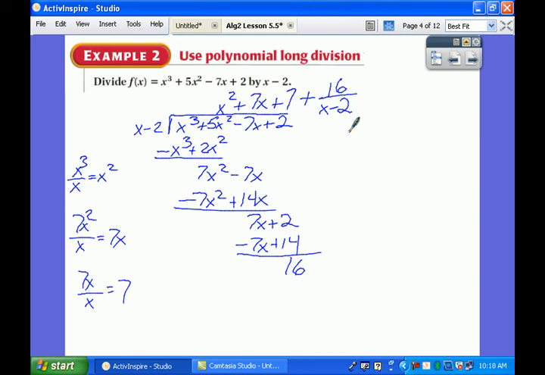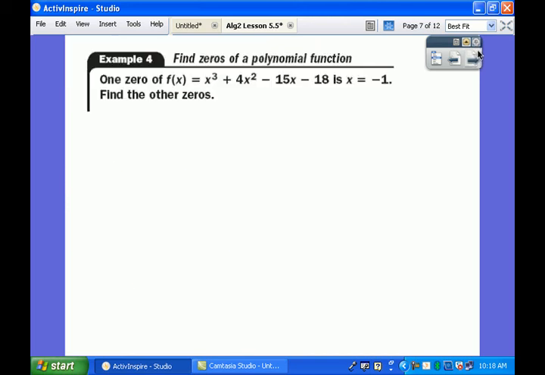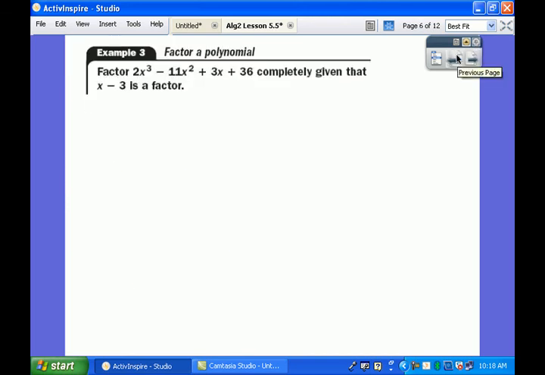I'll pause in just a moment for some questions, but before I do, I want to show you how this fits together. So here we are. Here I've given you a polynomial, and I've told you that one of the factors is x minus 3. Now, I don't know what the answers are, but let's assume for a moment that they're complex. This polynomial should have 3 solutions to the equation.